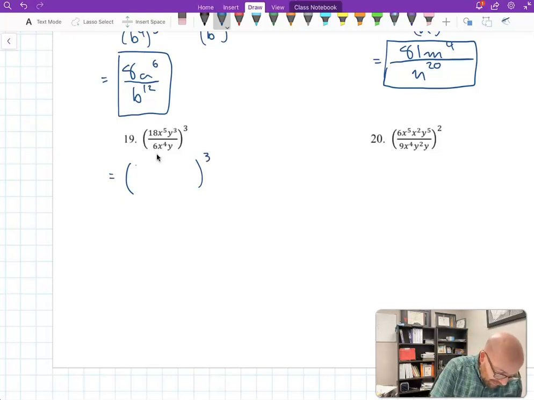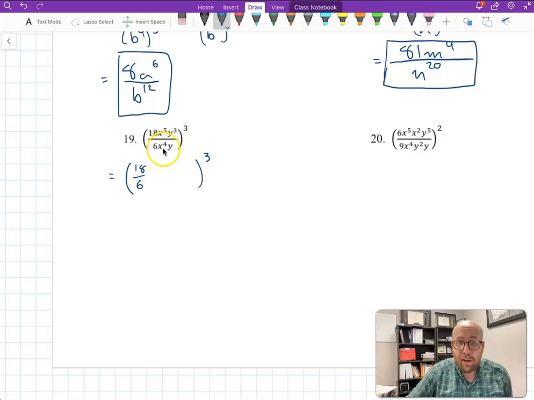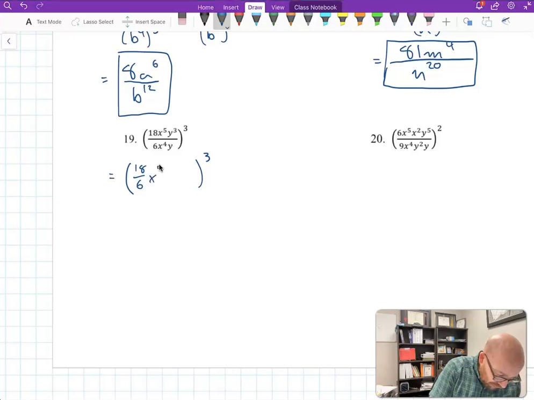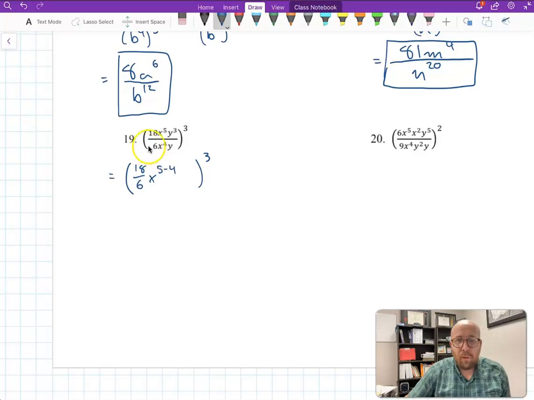We have an 18 over 6. We have x to the 5th over x to the 4th. We're dividing. That's going to be the quotient rule, where we take x to the 5 minus 4. We have y to the 3rd over y to the 1st.